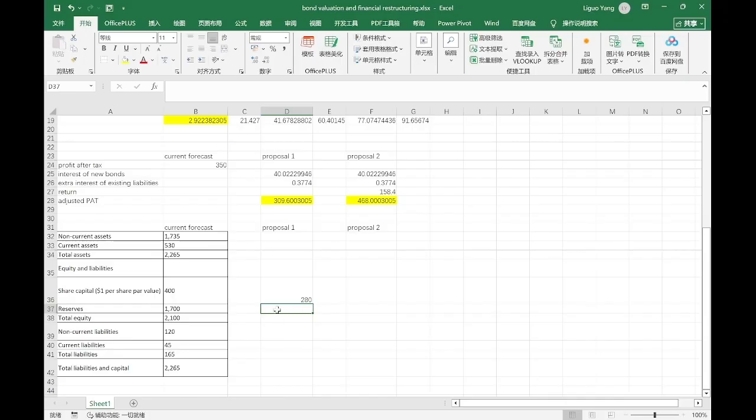Well, since there's a 320 figure bought back, the rest goes to reserves.